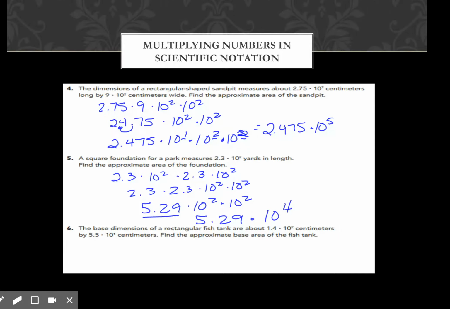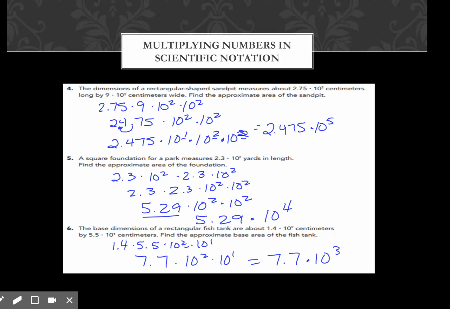And then this one is again another area, so I'm just grouping my coefficients and then my exponents. 7.7 times 10 squared times 10 to the first. Again, product of powers gives me 7.7 times 10 to the third power. So I bet you got all these right.